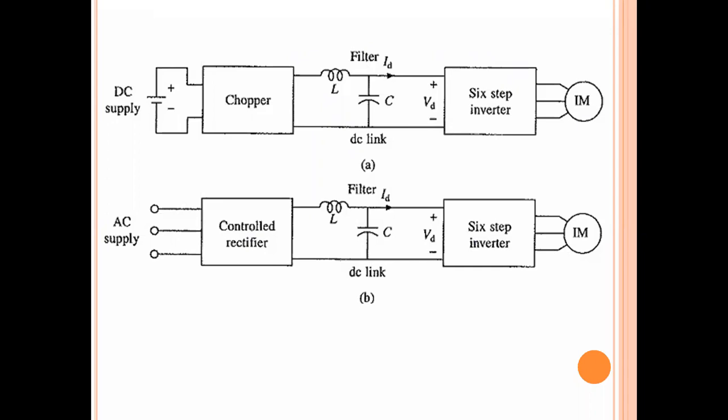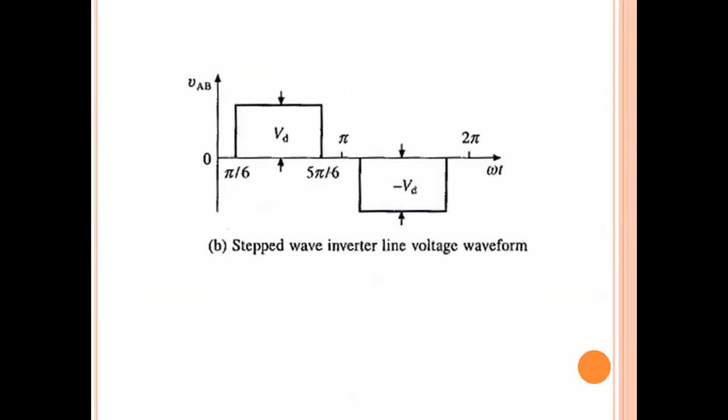However, this stepped waveform inverter has a few drawbacks. The main drawbacks are low order frequency harmonics, because of which the induction motor has a few problems. Let's see them.